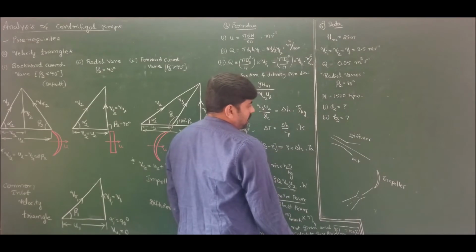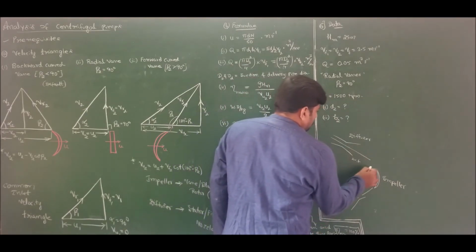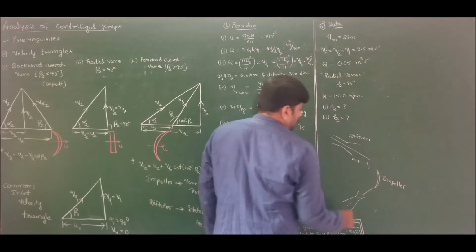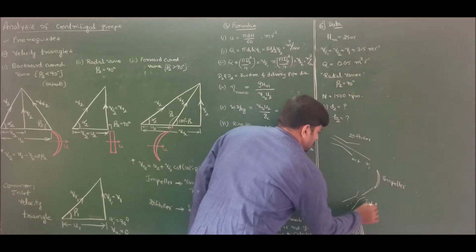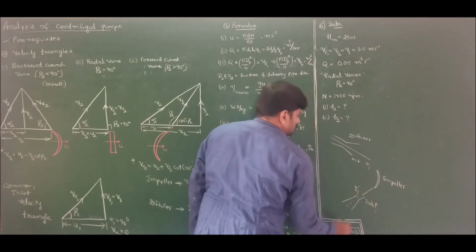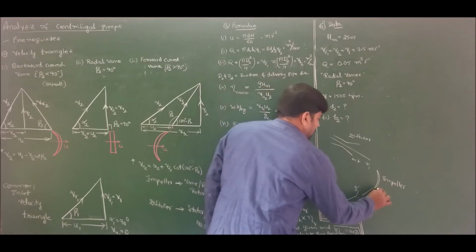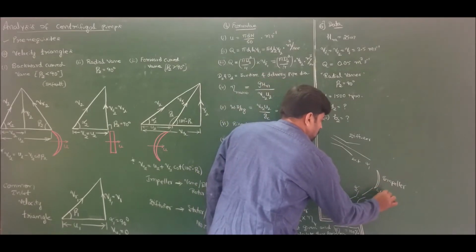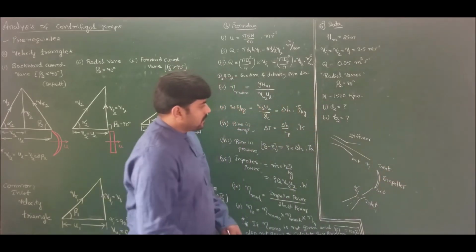Now he is asking for the inlet diffuser angle. So this is the exit of the diffuser, and the exit angle of the diffuser is alpha 1. This is the inlet of the diffuser, where we have alpha 2. So, inlet diffuser angle at impeller exit. This is the exit of the impeller, this is the inlet of the impeller.